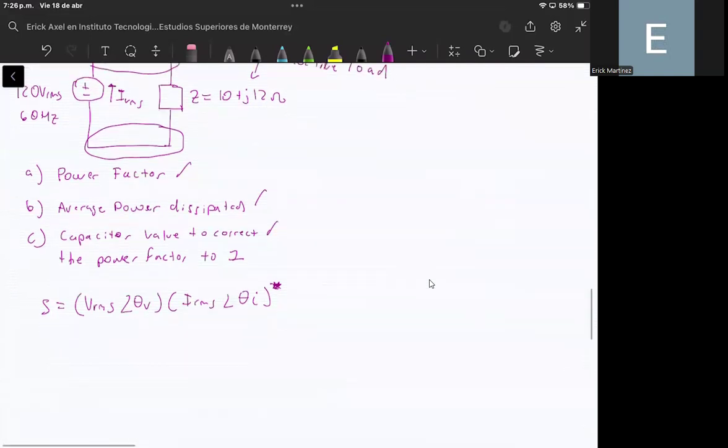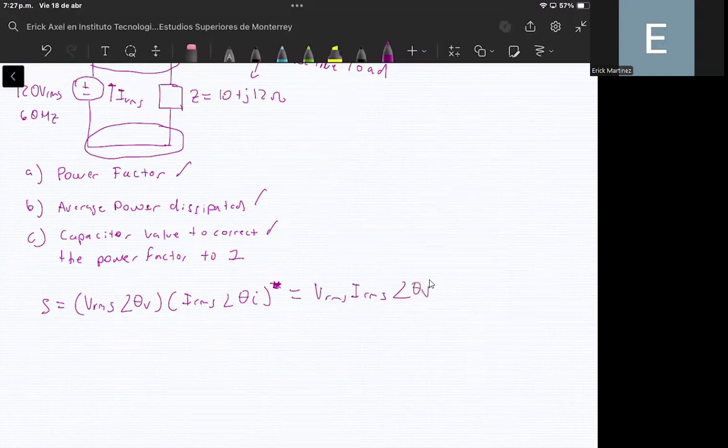Also, we can represent this as V RMS times I RMS. And the angle of the result of multiplying these two complex numbers is the phase angle of the voltage minus the phase angle of the current.